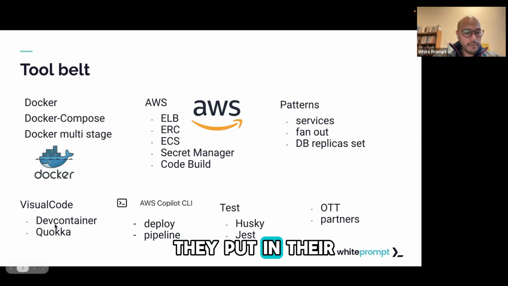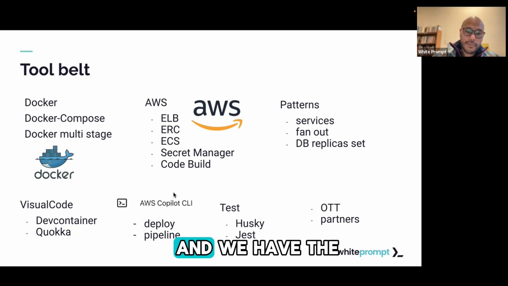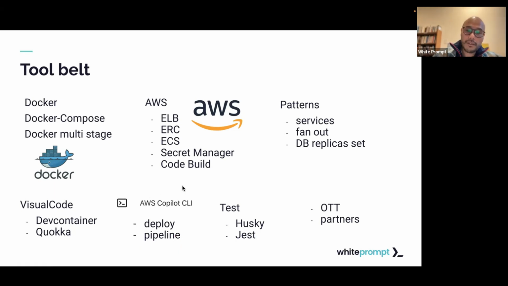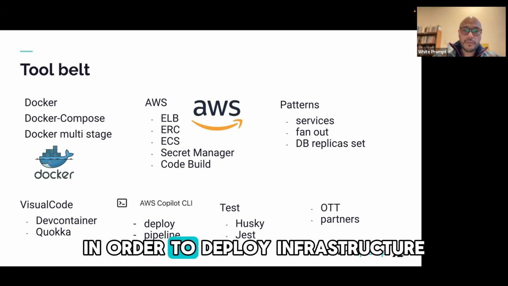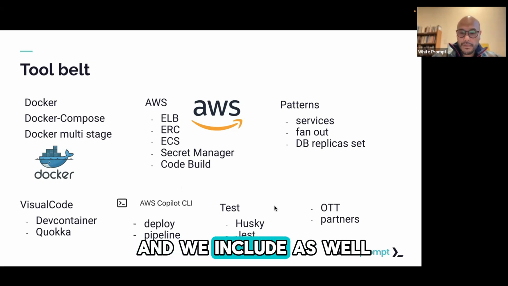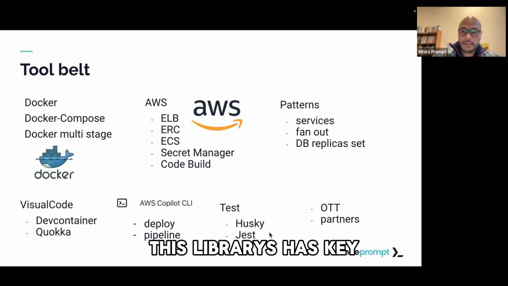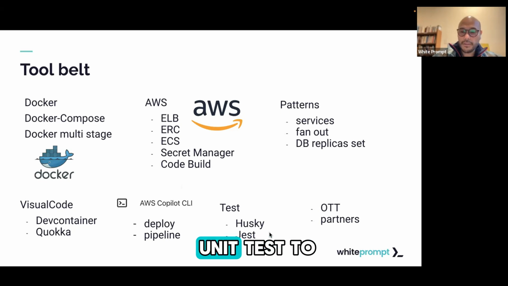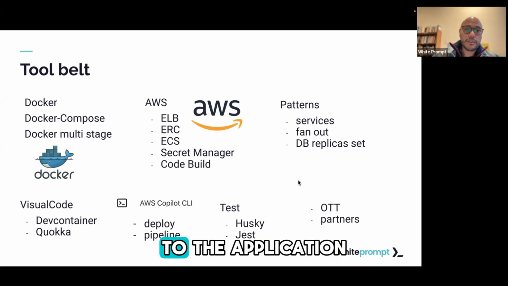As well, we put in dev containers for local deployment in Visual Studio Code. We have the Copilot CLI in order to deploy infrastructure and to build the pipelines in order to deploy the new services. And we include libraries such as Husky and Jest to add unit tests to the application.